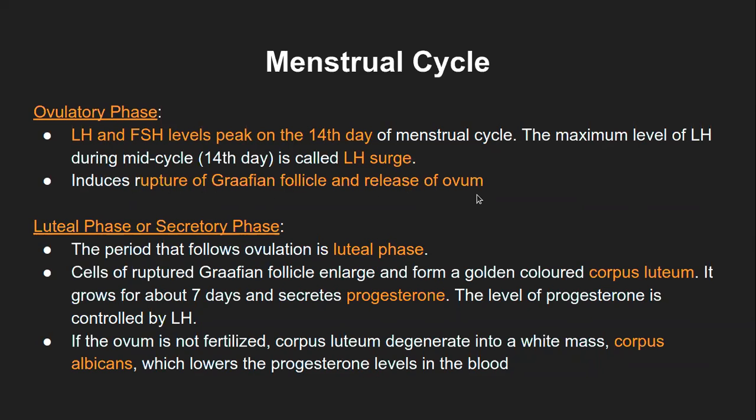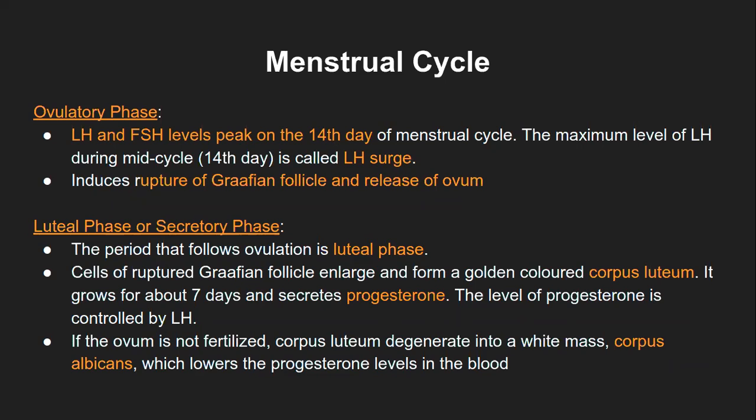Now, we had seen how a Graafian follicle looks. The Graafian follicle will have that secondary oocyte. From the same day, it will not finish meiosis 2 completely, but only up to the metaphase 2 stage, and then it will go into the fallopian tube on the 14th day.